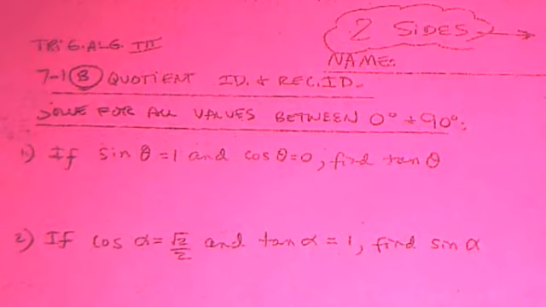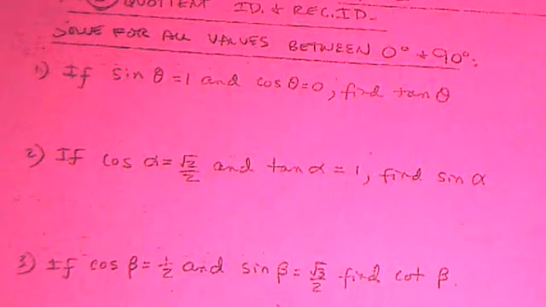So let's look at, say, number 2. It says that if cosine of an angle is root 2 over 2 and the tangent is 1, find the sine of x. You should remember something about root 2 over 2 and 1 from our 45, 45, 90 triangles. But let's say we didn't remember.